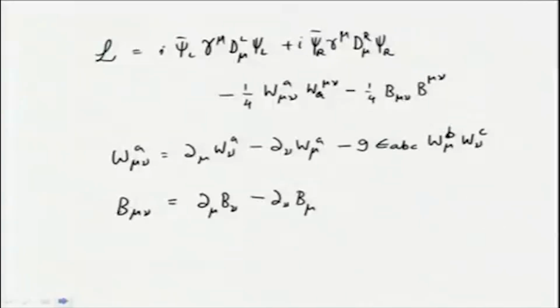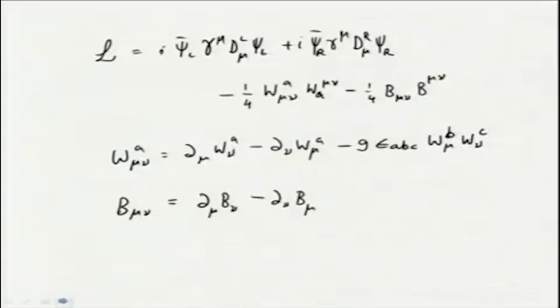So, there are interactions of the left handed particles with both W's and B. Right handed particles in the second term of the Lagrangian have d mu R, which has only B mu in it apart from the normal derivative. So, right handed particles interact with B, not with the W's.